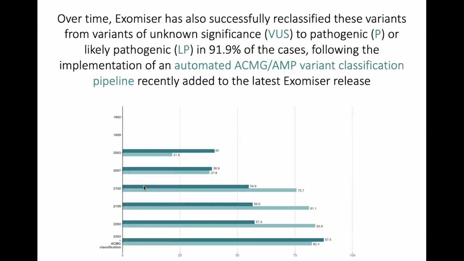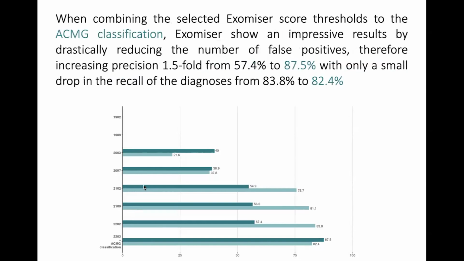Over time, Exomiser also successfully reclassified variants from variants of uncertain significance to pathogenic or likely pathogenic in 91.9% of the cases, following the implementation of the automated ACMG classification pipeline that was recently added to the latest Exomiser releases, which I spoke about before.